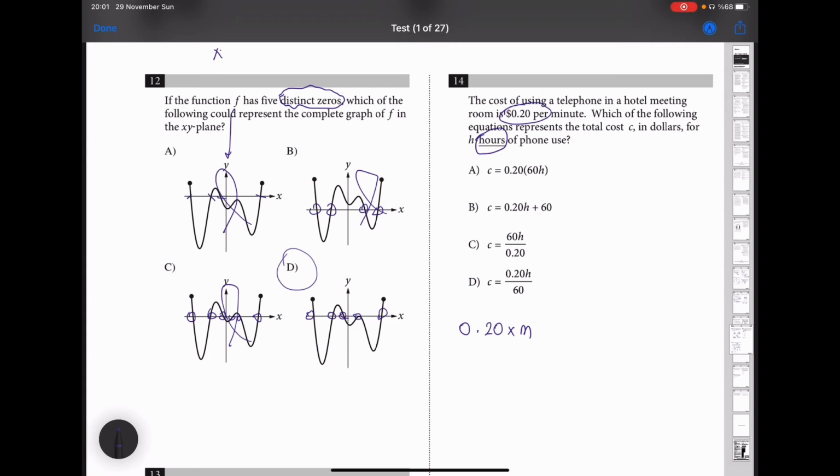But the question asks us to find it in terms of hours. So in 1 hour, there are 60 minutes, right? So to make the conversion, I should multiply by 60, since the minutes should now be converted to hours, right? So the equation would change as this.